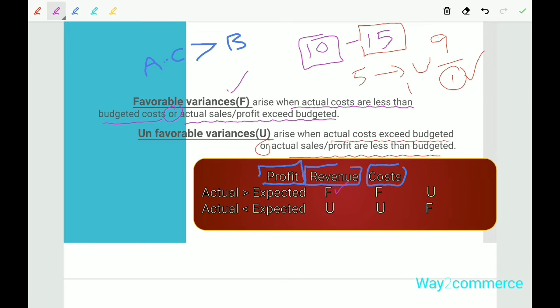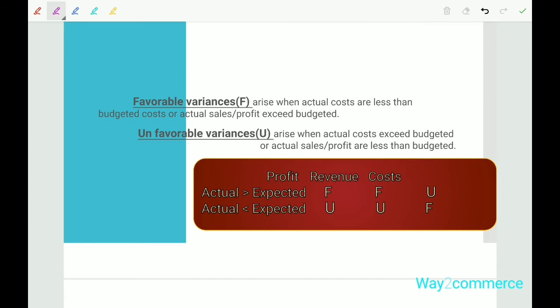Actually, it is more, so favorable. In case of cost, unfavorable. Next, actual cost less than expected. In respect of profit, it is unfavorable. In respect of revenue, it is unfavorable. In respect of cost, it is favorable.